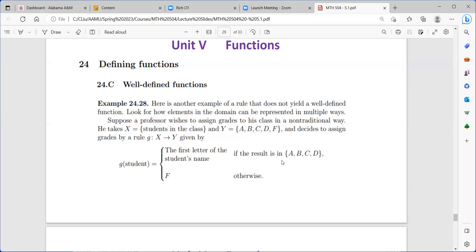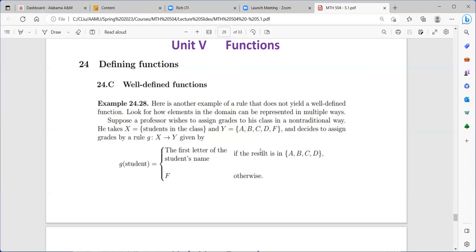All right. So you look at his student name and determine the first letter of the student's name, and they assign the letter A if the student name starts with A, and assign a grade of B if the student name starts with B, and C and D similarly.